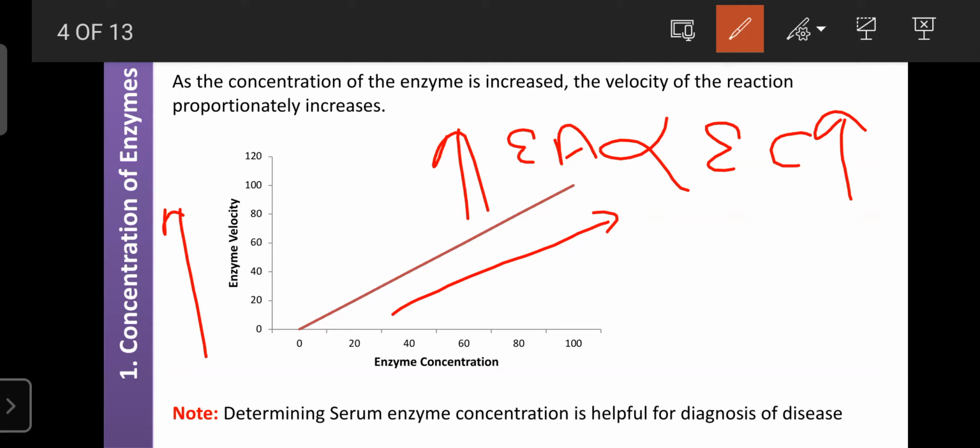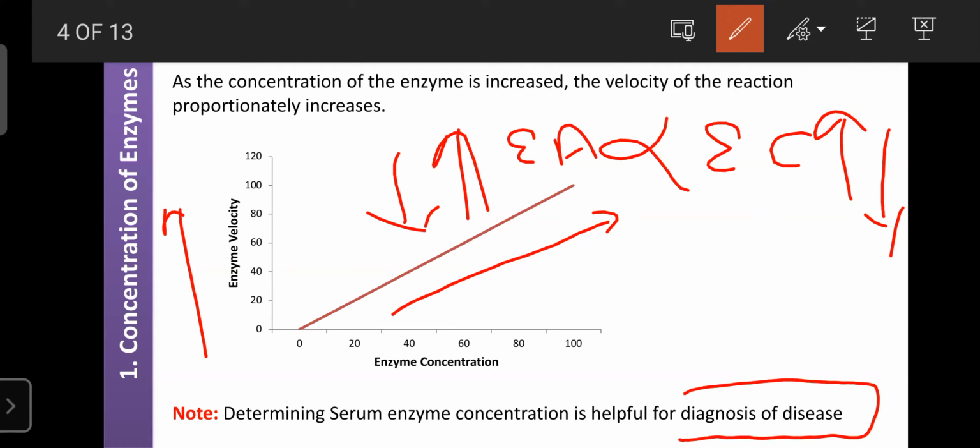If enzyme concentration decreases, the enzyme velocity also decreases. So the enzyme activity mainly depends upon the enzyme concentration, and determining the enzyme concentration is helpful for the diagnosis of disease.